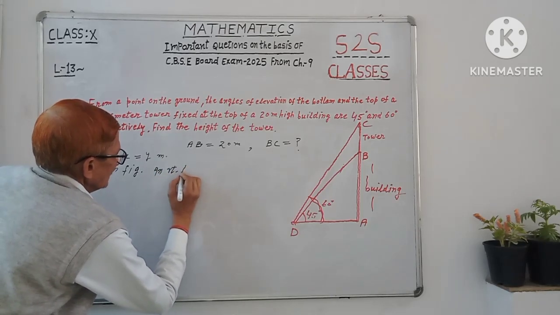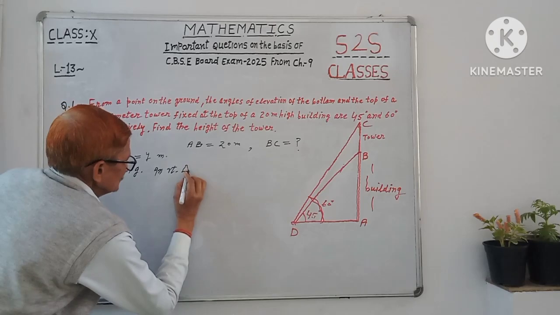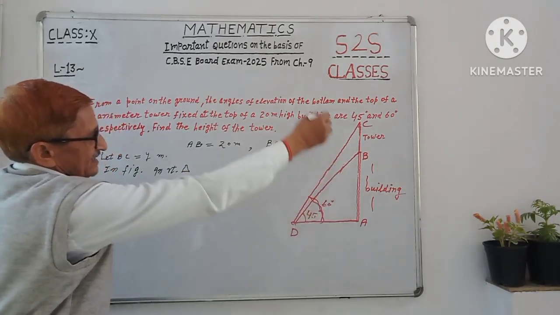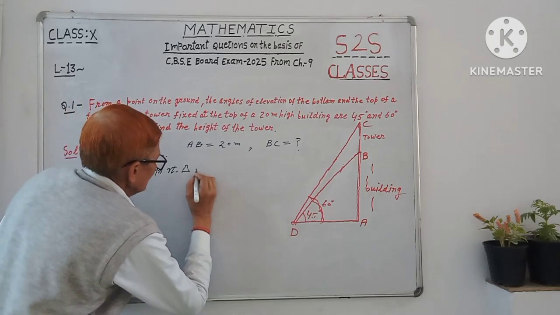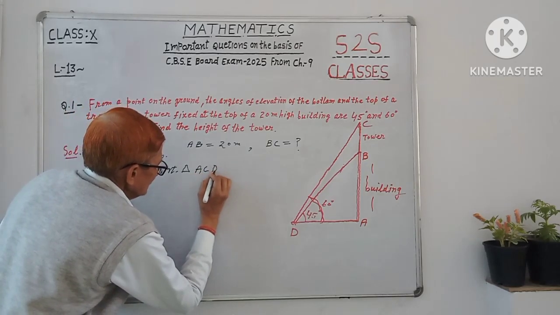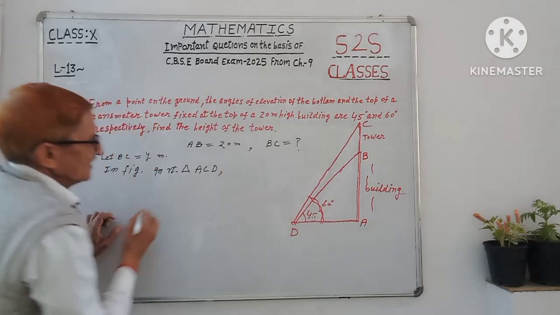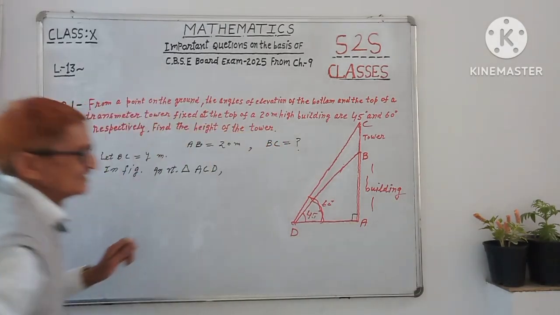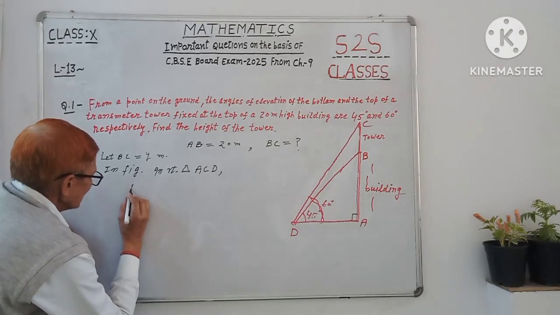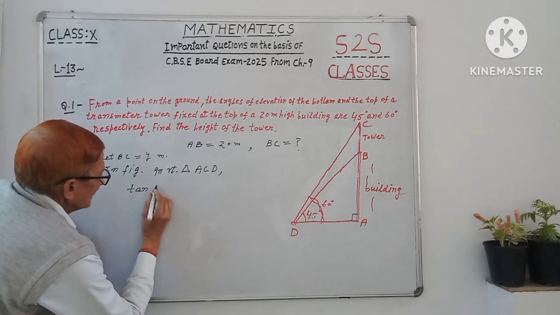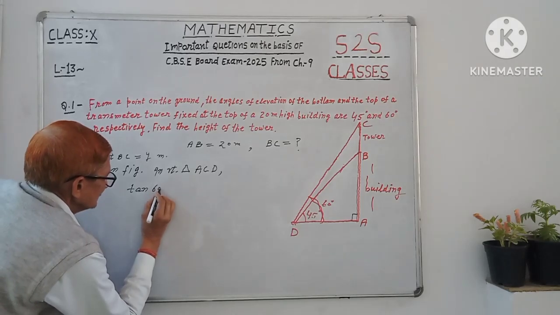always in right triangle, trigonometry is used. Triangle ACD. In this triangle angle A is 90 degree. Vertically हमेशा बेंडिंग होती है, तो इसमें tan θ. Tan of angle D is 60 degree.